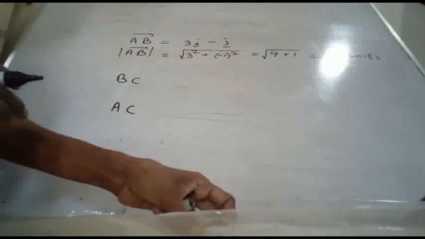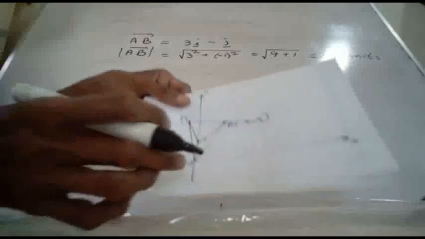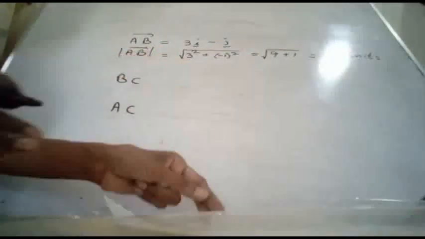Unit vector is i; the unit is the length of this square.